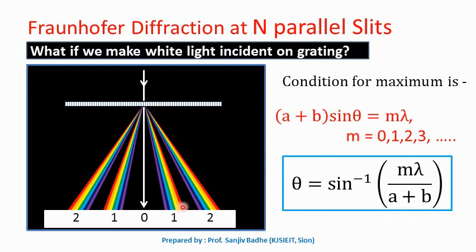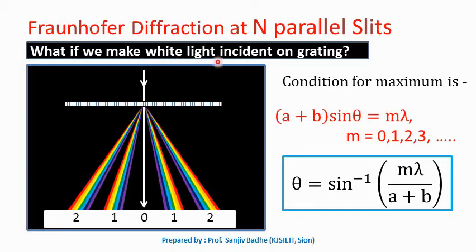For red color theta is more, for violet color theta is less. Similarly in second order also we will see different colors. So for m other than 0 we can see different colors. For m equal to 0, the maximum will be seen as white in color, because all wavelengths merge over there.